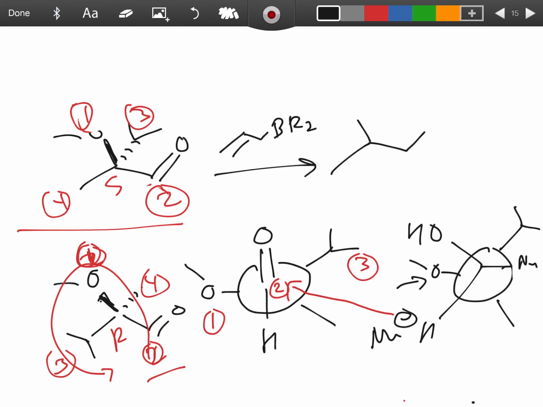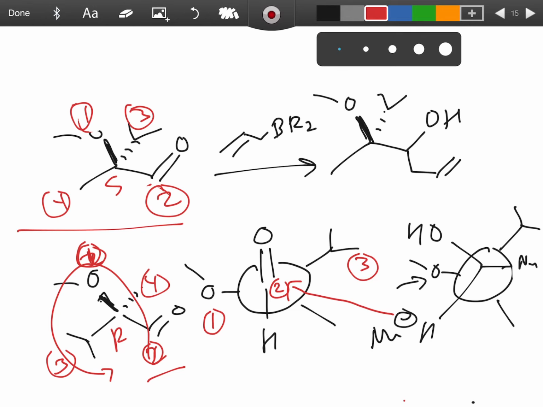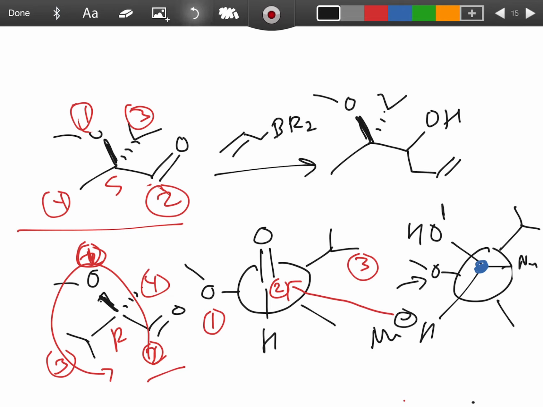So we know that this part stays the same. We've got to figure out where our oxygen, and in this case our nucleophile, this allyl group, goes. So if we come down here, we've got to assign R and S to this chiral center right here. So we're going to say our oxygen is 1. The group that is back, that we can't see, would be 2.